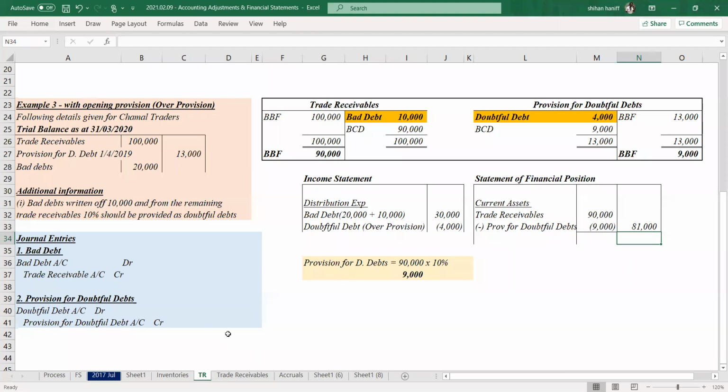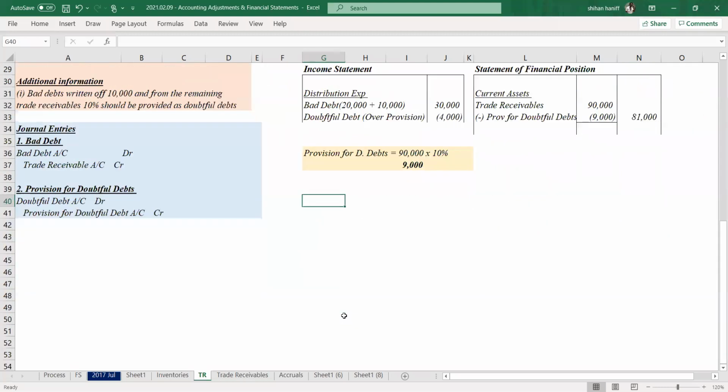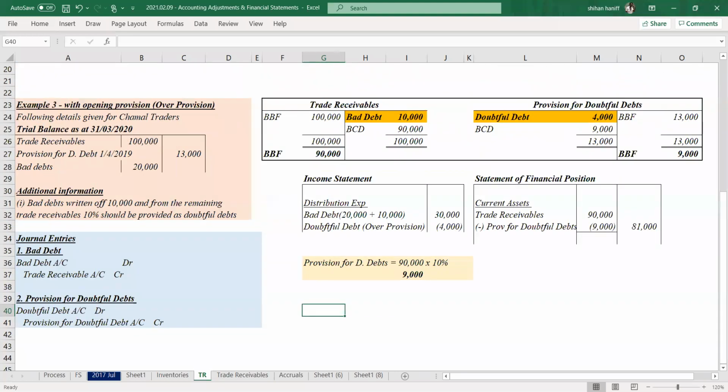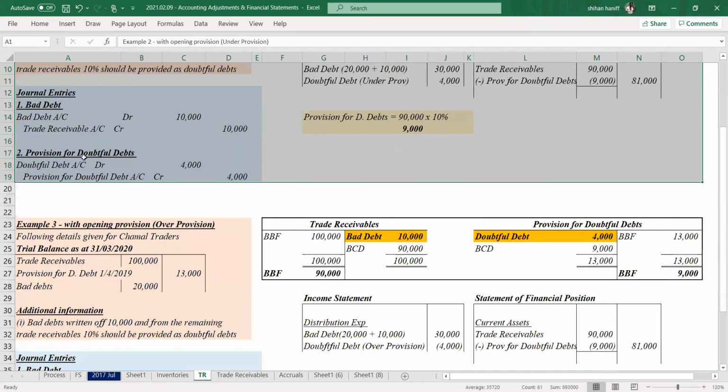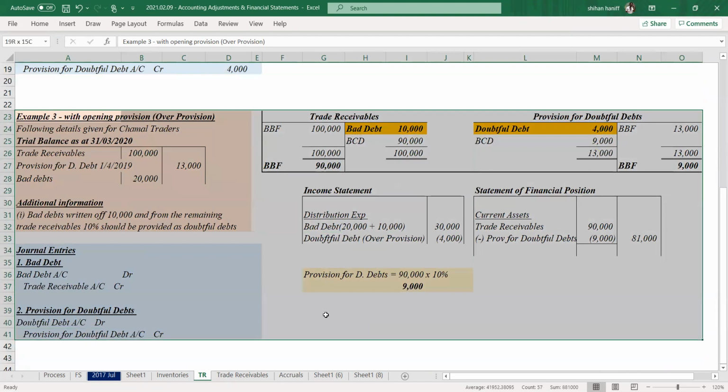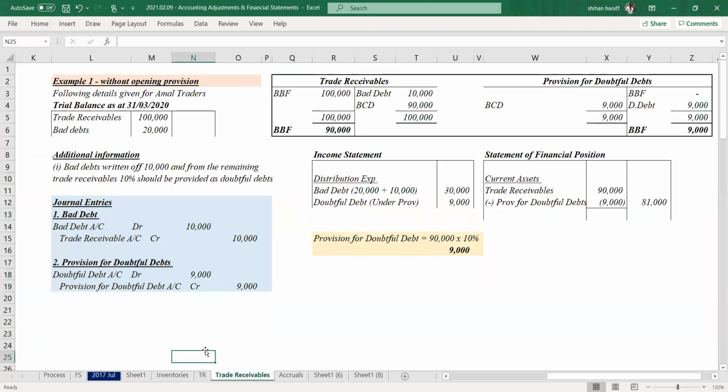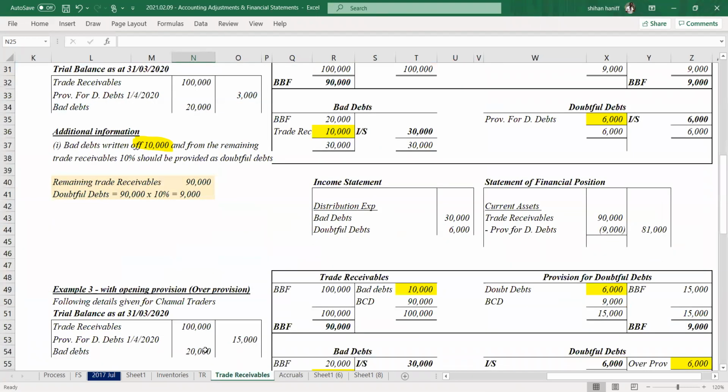I have another example. Can you do? So we did with opening balance, under provision and over provision. Right.